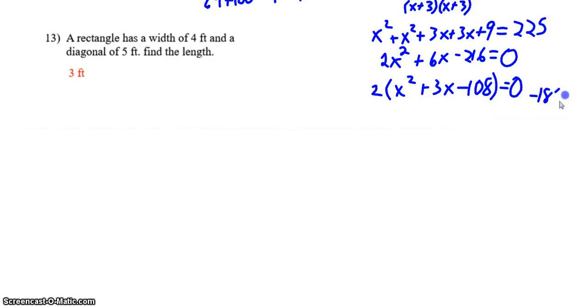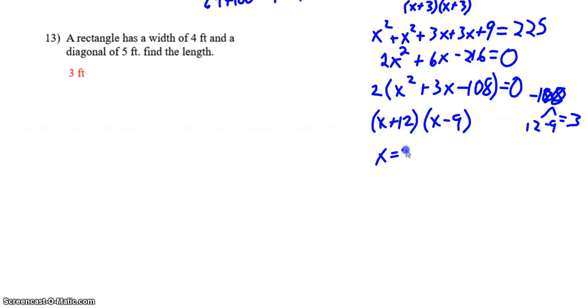The factors of negative 108 that add to 3 are 12 and negative 9. So this would be x plus 12 and x minus 9. So x equals negative 12 or x equals 9.